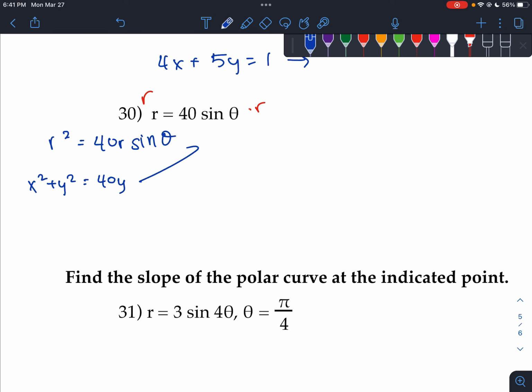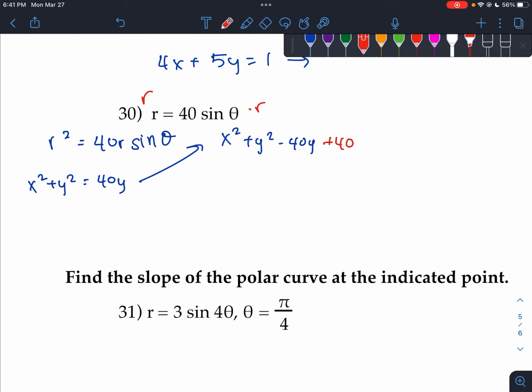But you're going to want to change that. So you have x squared plus y squared minus 4y is going to be equal to 0. And you want to complete the square in this case. So to complete the square, you're going to have to half this value right here and square that. So that's going to be plus 4. But since we added 4 there, we're going to have to add 4 to the other side.